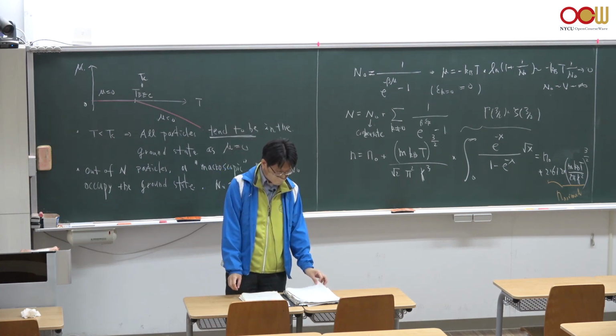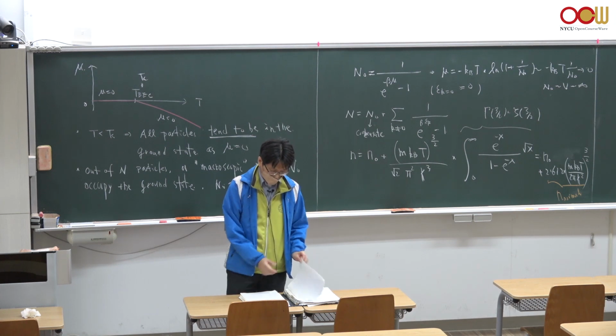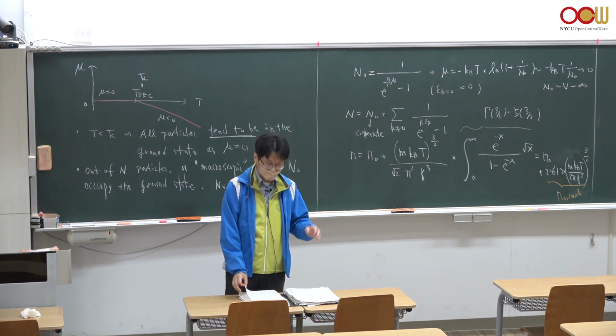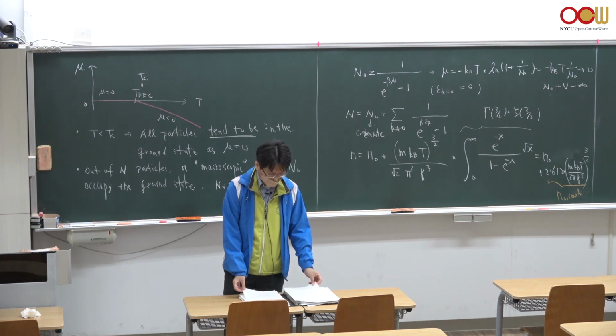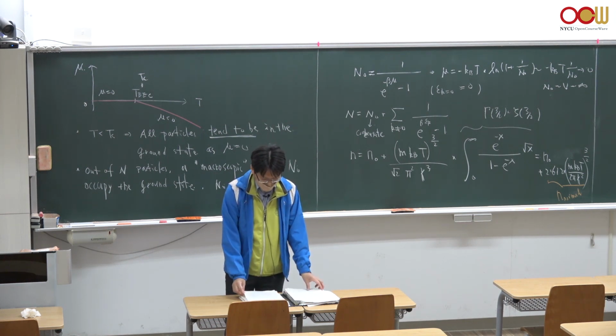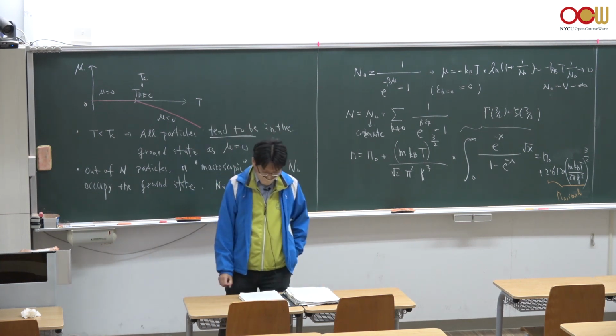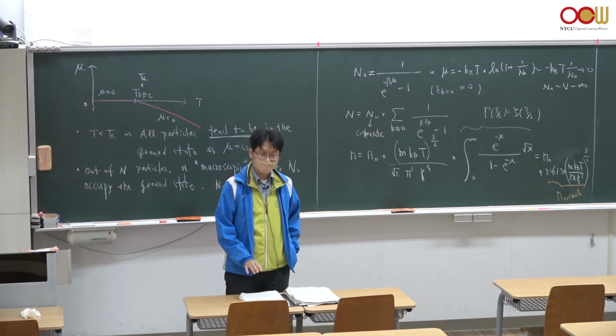Okay, but of course, for interacting bosons with no fermions in there, we have a very interesting phenomenon called superfluidity. But we may not have enough time to talk about the superfluid behaviors.